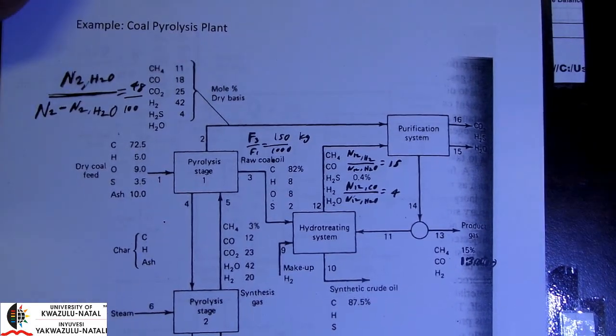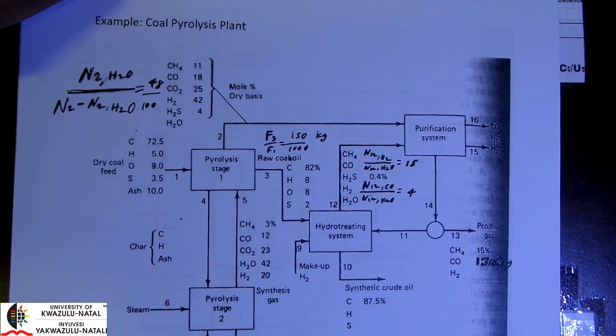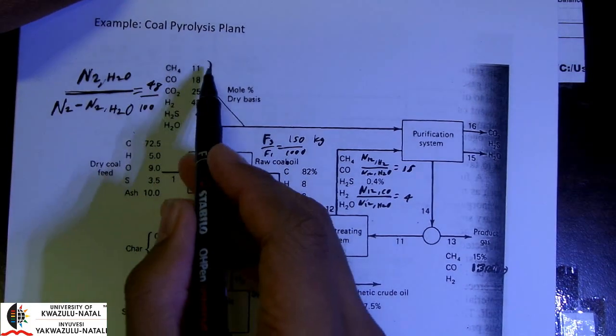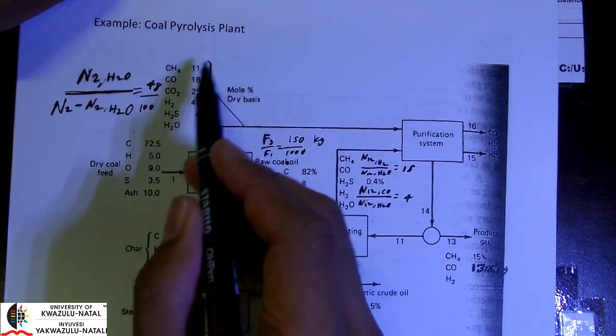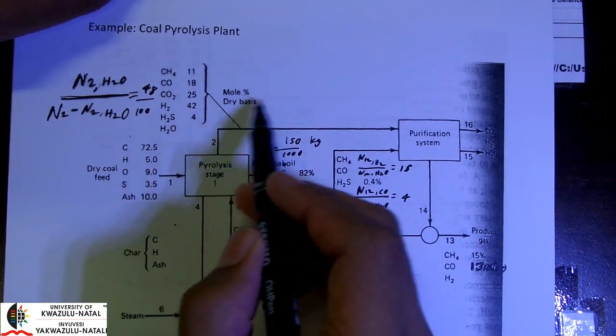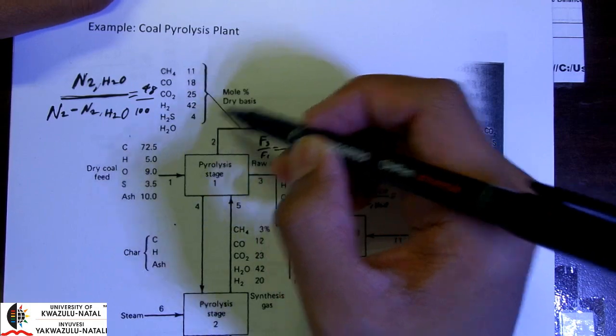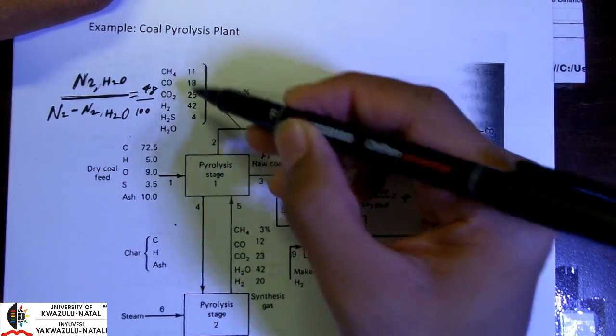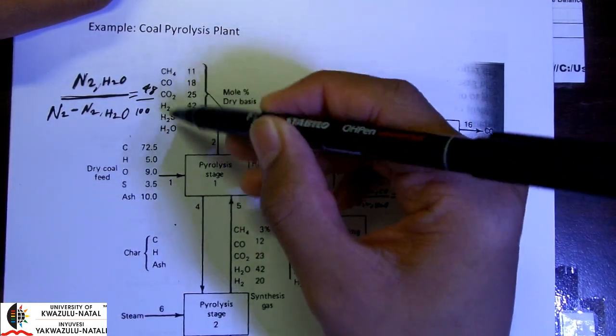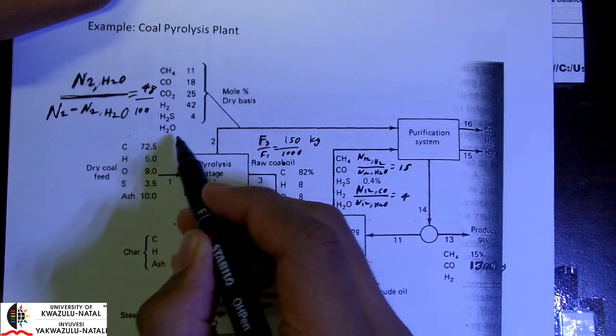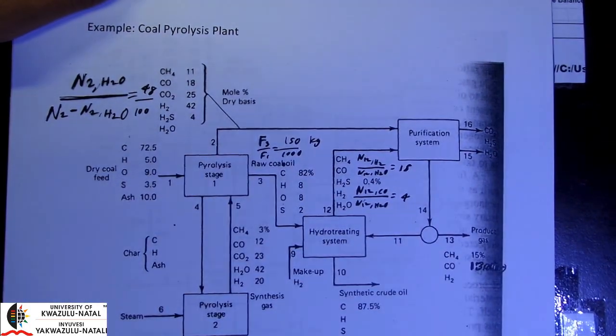Now the high methane content gas has a dry basis analysis of the following. So this is a mole percent dry basis. In other words, these are not the actual compositions but rather the dry compositions, the compositions that are excluding the water. So you must be very careful about that.